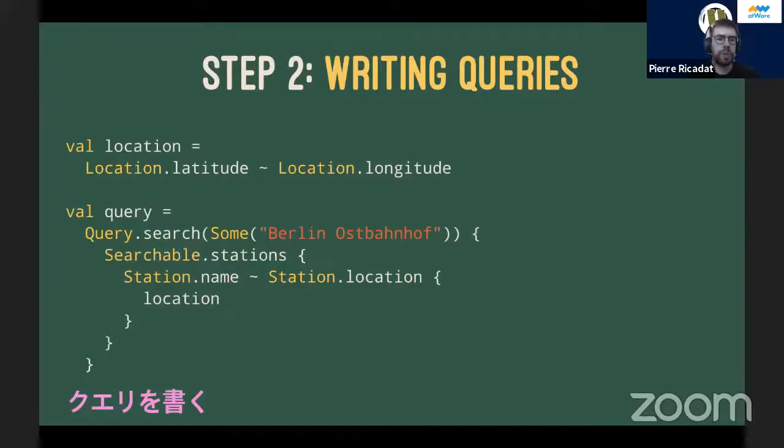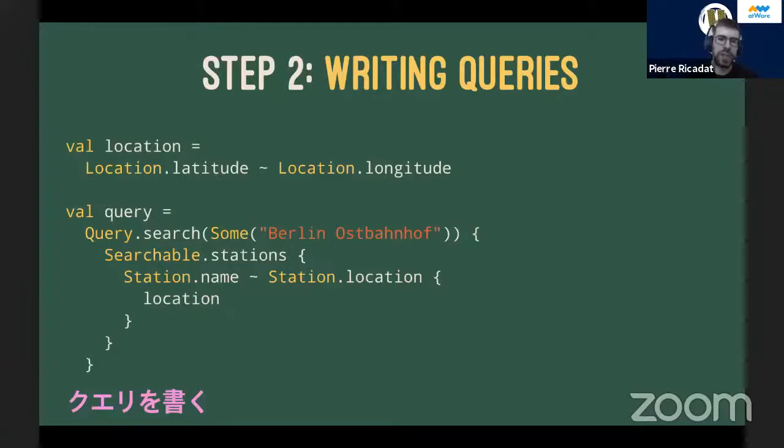You start from the root query, then you can just type dot, and your IDE is going to show all the functions that are available inside query. Those are the root fields. You type search, you see that it requires an argument, an option of string, you pass the value, and then it's going to require a searchable object. Then you type searchable dot, and you will see all the fields inside the searchable.